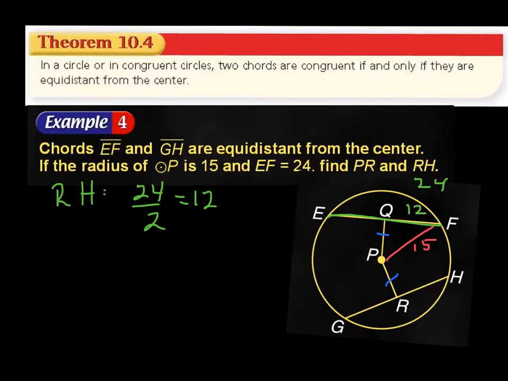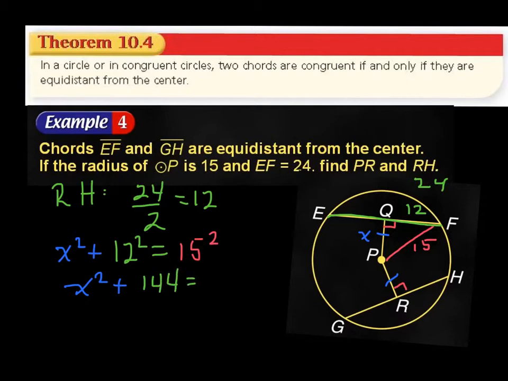Since they said they are equidistant, these segments must be perpendicular, because that's how we measure distance, with perpendiculars. Looks like we have two legs of a right triangle again. They want us to find PR, which would be the same as PQ. Doesn't matter. I'm going to call it x, because we like x. So x squared plus 12 squared equals 15 squared. 12 squared is 144. 15 squared is 225.